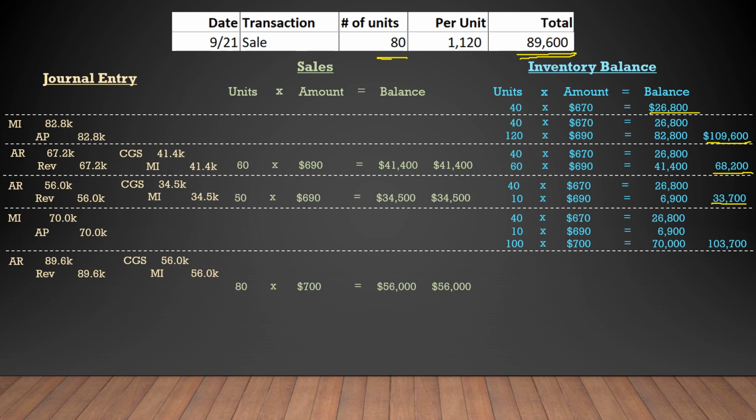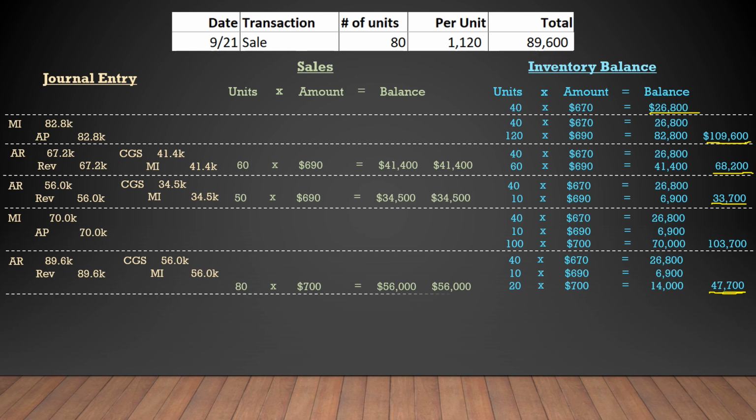Of the 100 units we had in our most recent layer, we now have 20 units left. Our previous 2 layers were not touched by this transaction, so the total inventory balance becomes $47,700.